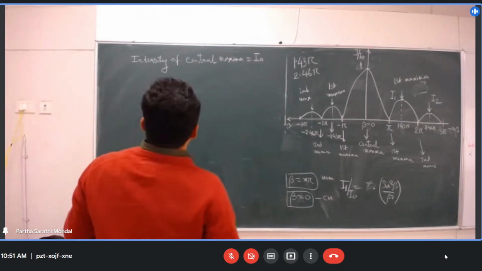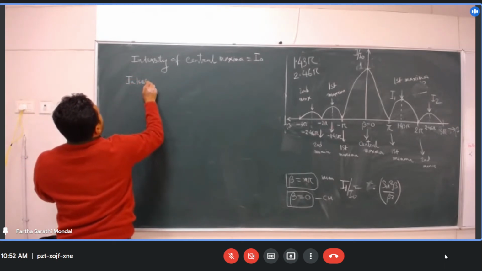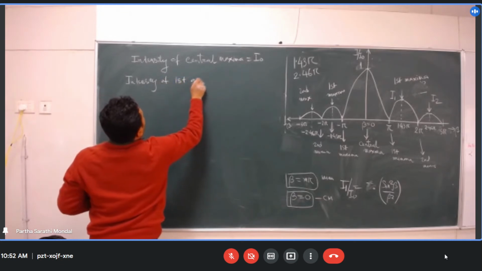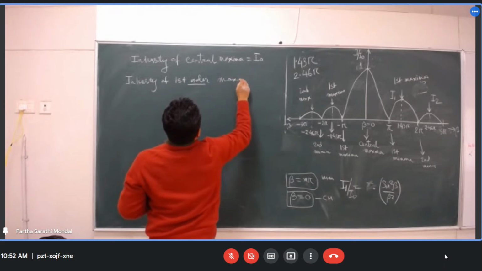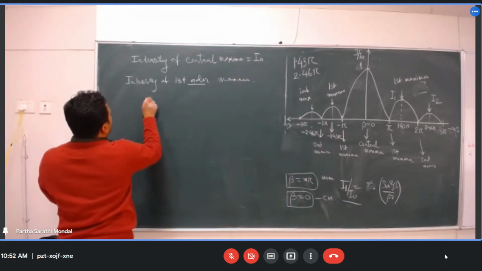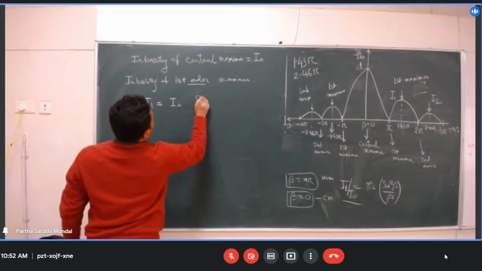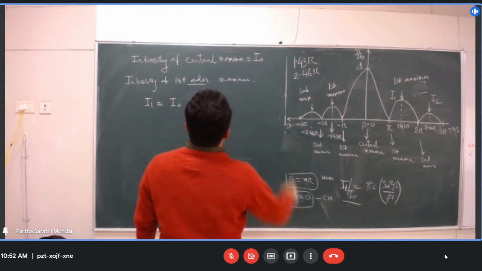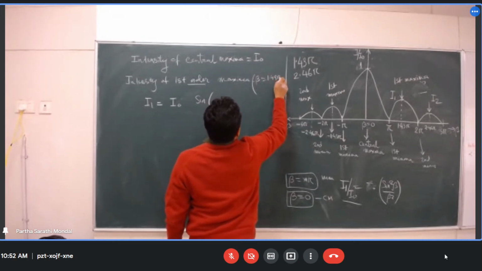Now the intensity of the first order maxima, we will put here. So I1 will become I0 into sin square beta by beta square. What is the value of beta for first order? Beta equal to 1.435.